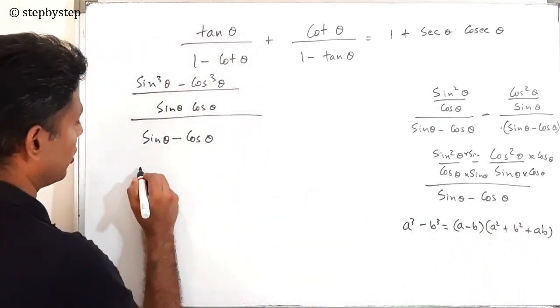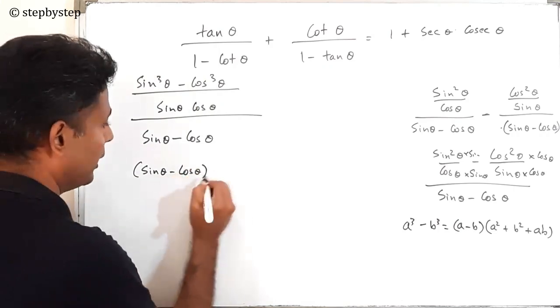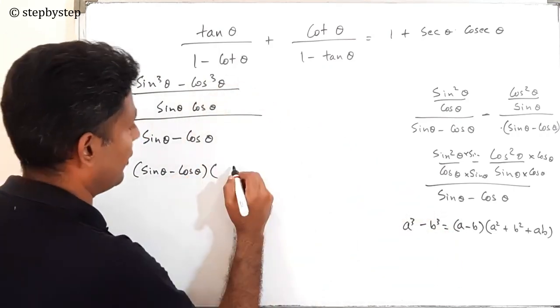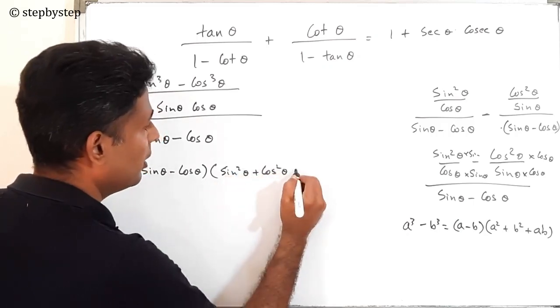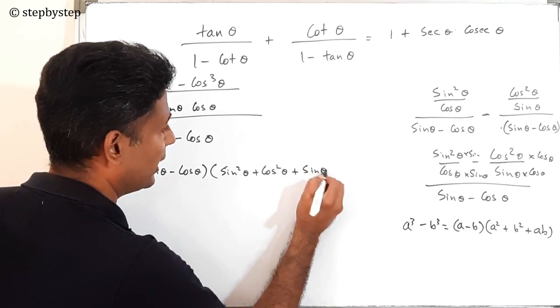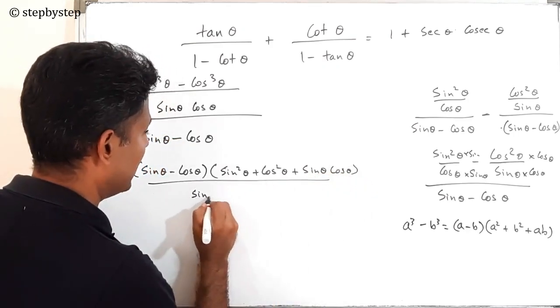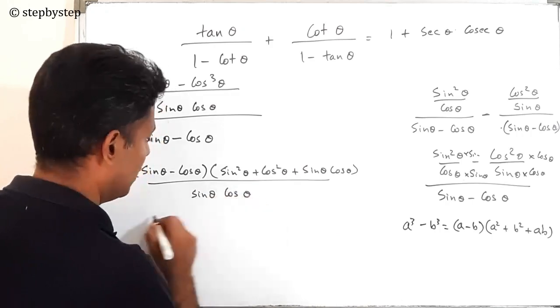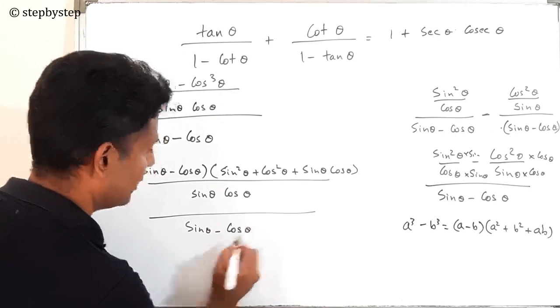So sin cube minus cos cube can be written as sin theta minus cos theta into a square plus b square, that is sin square theta plus cos square theta plus ab, that is sin theta into cos theta, whole by sin theta cos theta, this whole thing by sin theta minus cos theta.